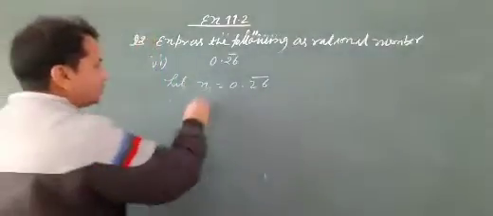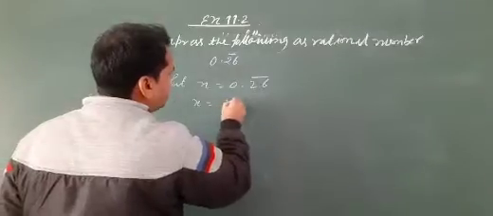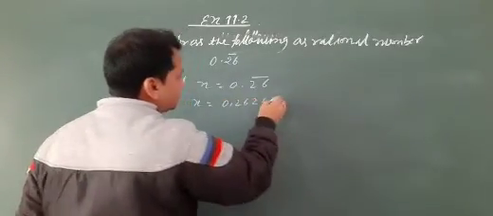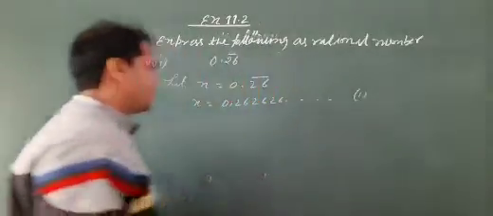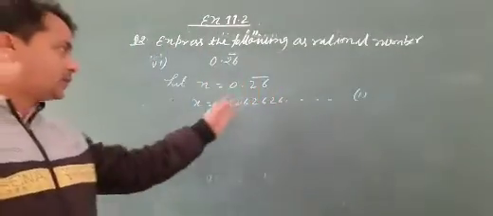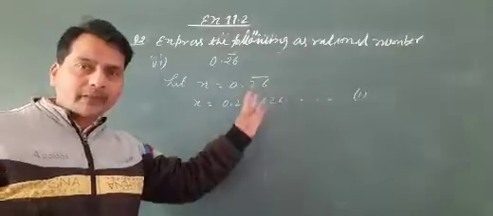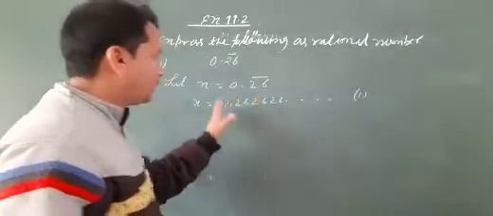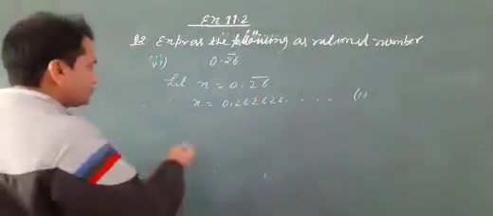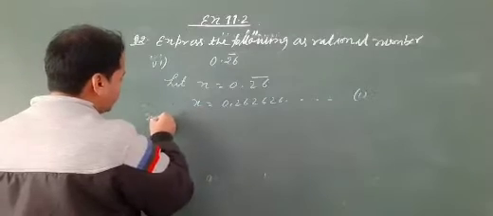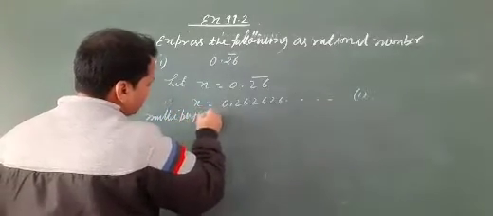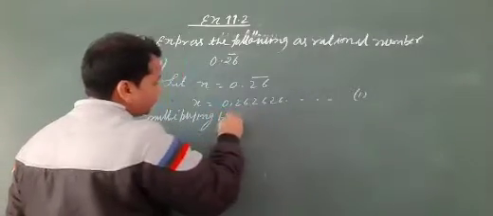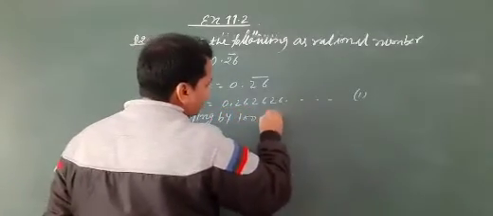Then x equal to 0.2626 repeating, that is the first equation. So now after the decimal point 2 digits are repeated. Then multiply by 100 on both sides.